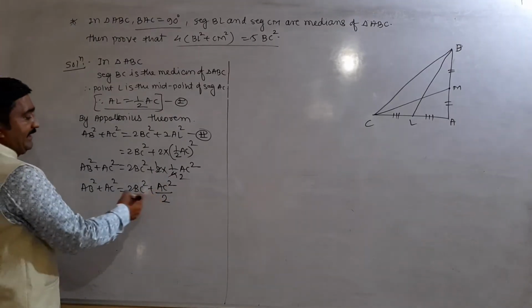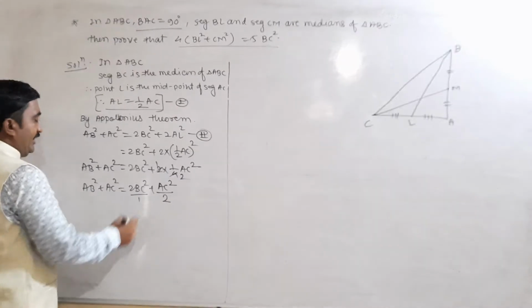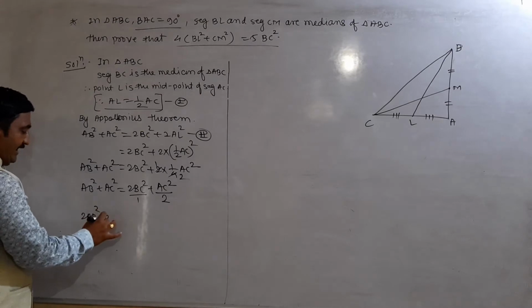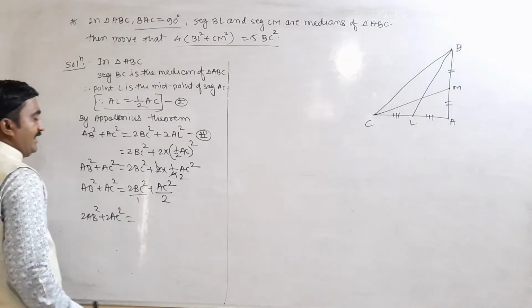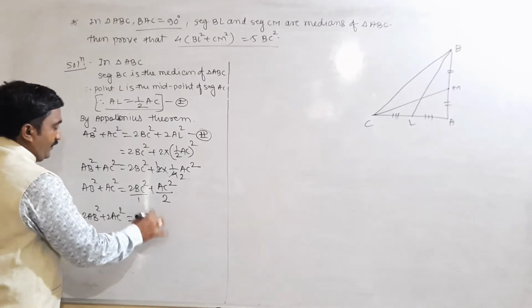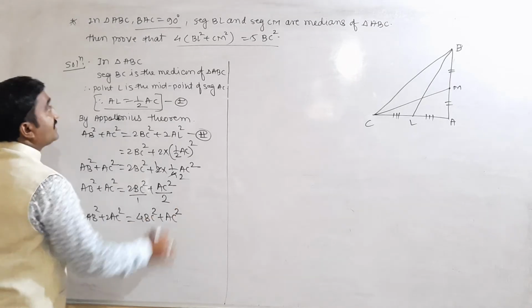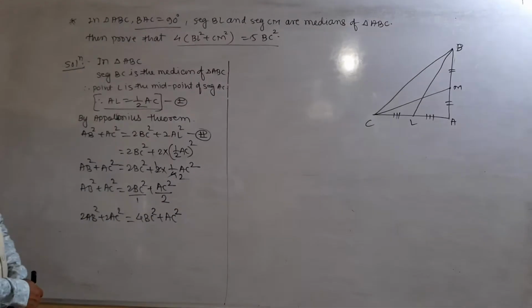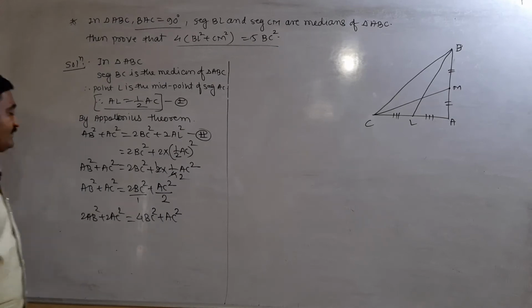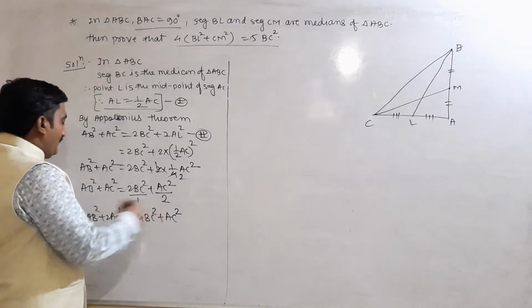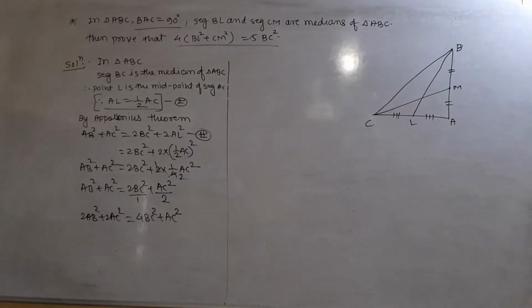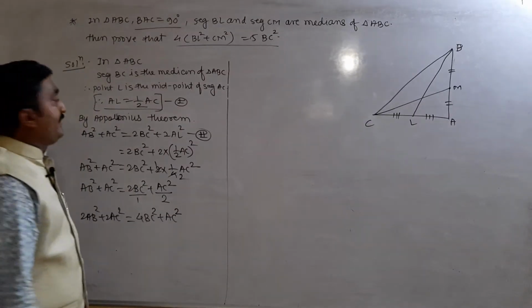Then taking 2 as the denominator, by multiplying, 2AB square plus 2AC square is equal to 4BC square plus AC square. Then here we have to calculate also 2BL square.